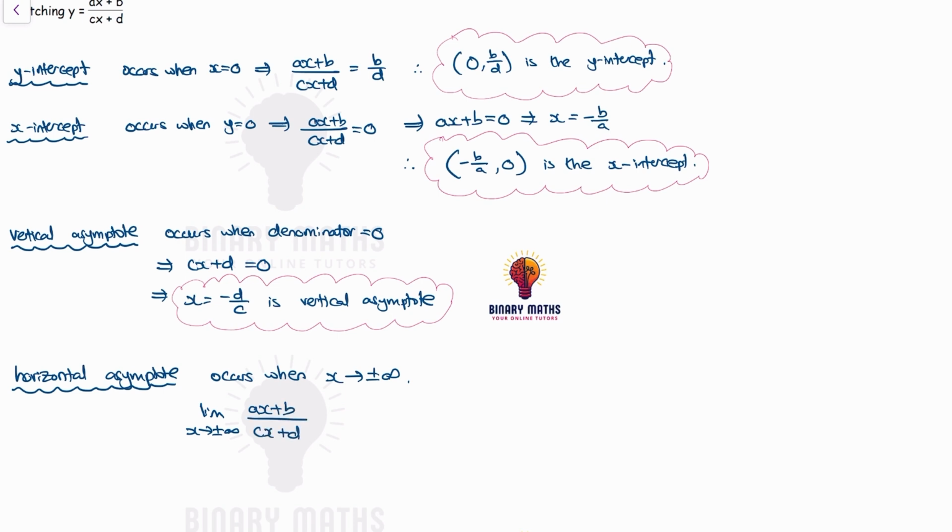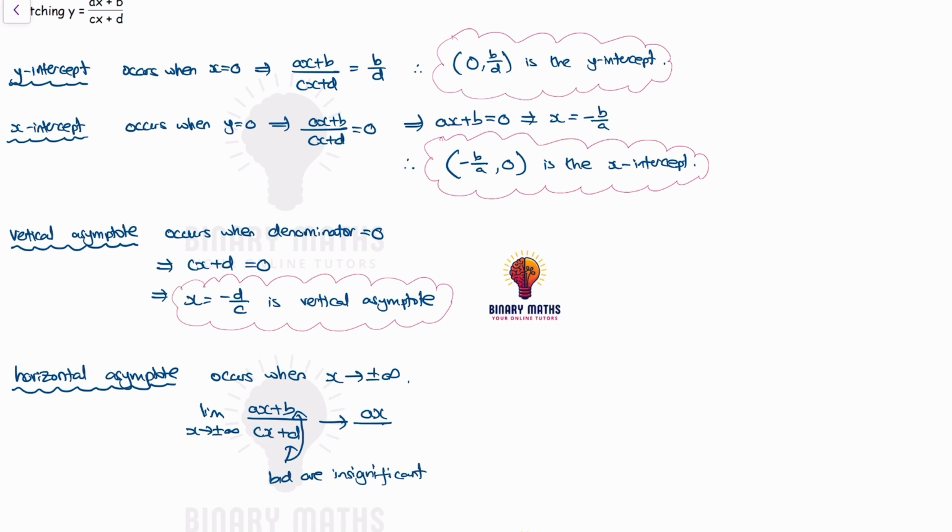We know that b and d are very small numbers, they're not going to be big numbers, they're insignificant. So this expression gets closer and closer to ax over cx, because b and d are insignificant, because x has become so large that b and d are nothing in comparison. So all we're left with is ax over cx.